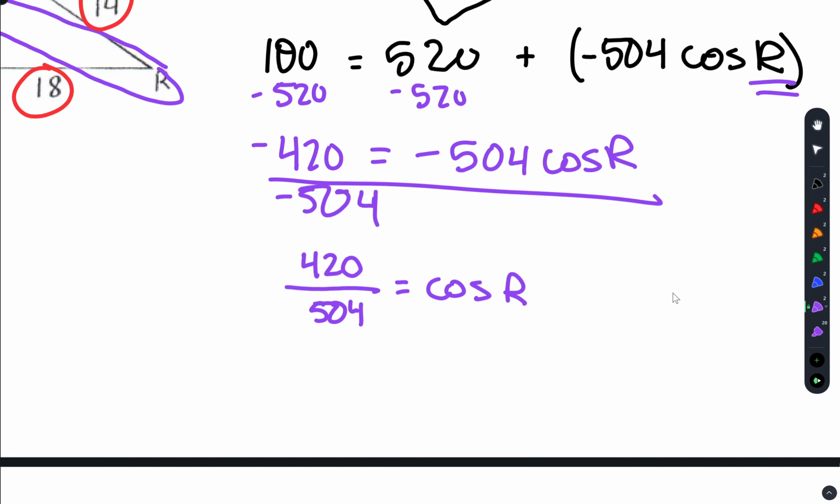From here, now my only step that's left is to do the inverse cosine because I know anytime I solve for an angle, I need to do an inverse. So in your calculator goes inverse cosine of 420 over 504.